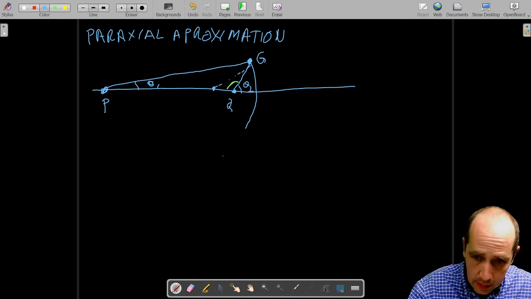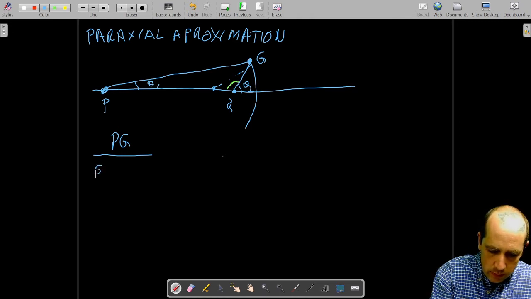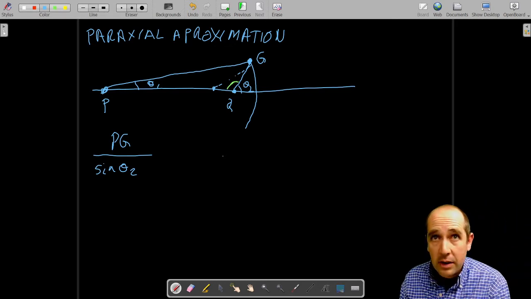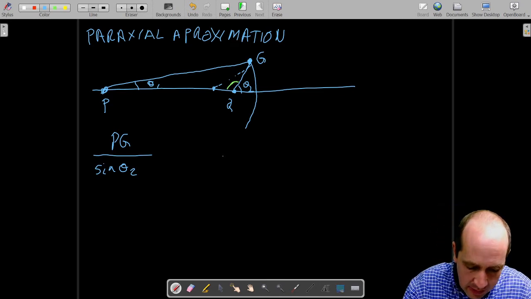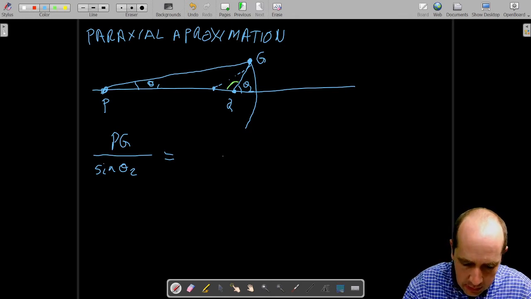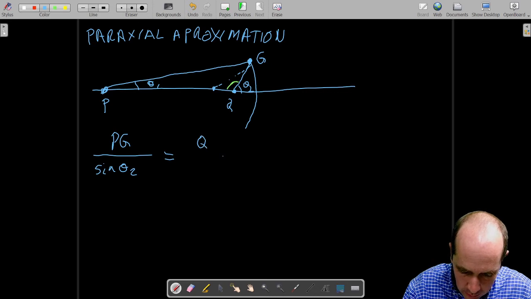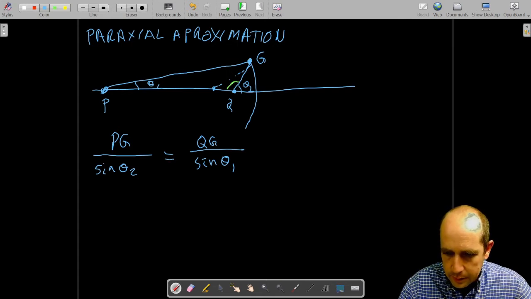We have the distance PG divided by sine of theta 2, it's actually pi minus theta 2, but the sine of theta 2 and pi minus theta 2 is the same, will be equal to QG divided by sine of theta 1. Again, this is still exact.